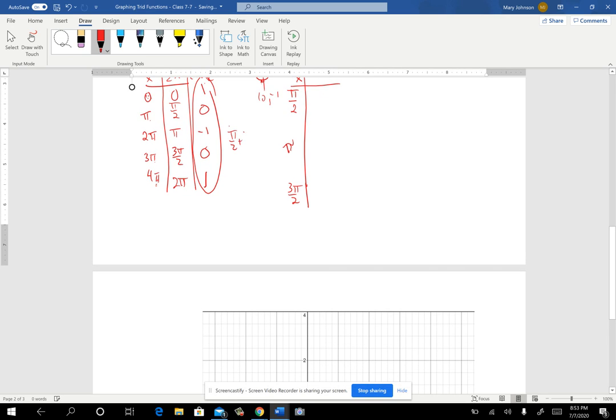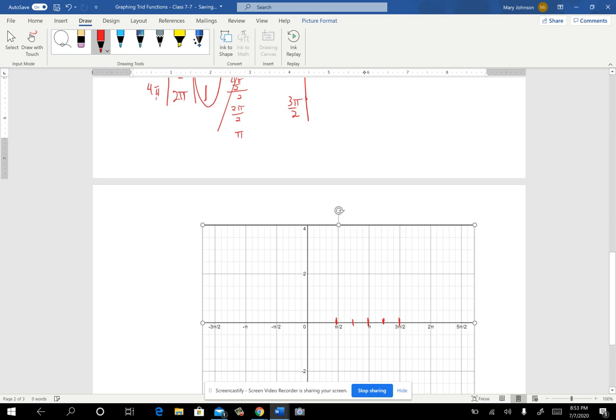Take pi over 2 plus 3 pi over 2 and cut it in half. That would be 4 pi over 2, and 4 pi over 2 is 2 pi, and 2 pi divided by 2 is pi. If you can avoid that by looking at the graph, then do that. That's what I would do, look at the graph.